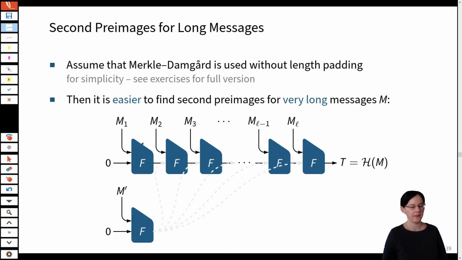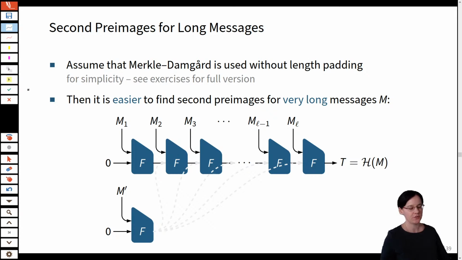So in the simplified case, where we assume we don't do any padding at the end, finding such second preimages for long messages works as follows. So in the picture here on top, you see the very long message that we are given as a challenge, including its tag t. And what we're supposed to do is find a second preimage for t.